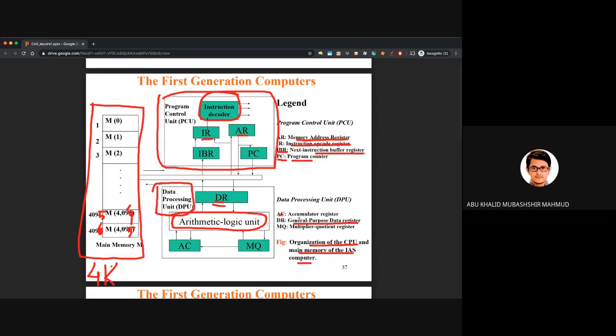AC is the accumulator register, where the actual calculation occurs. MQ is the multiplier quotient register, which stores our various results.